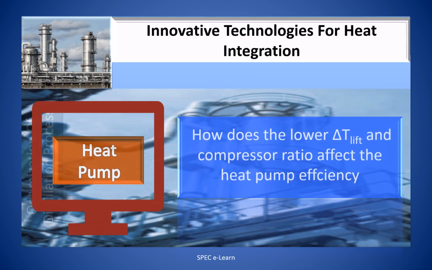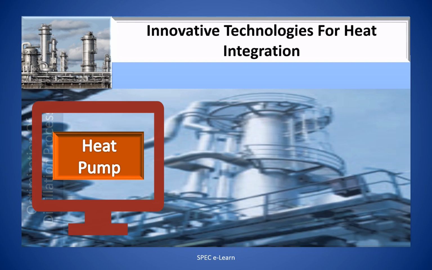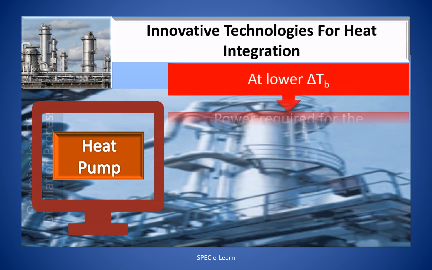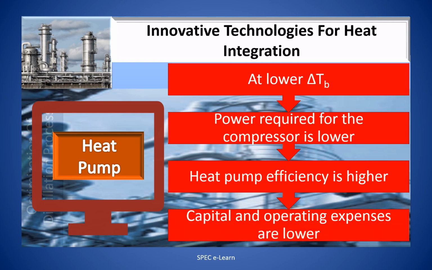How does the lower delta Tb and hence delta T lift and compressor ratio affect the heat pump efficiency? At lower delta Tb, the power required for the compressor is lower. Hence, the heat pump efficiency will be higher. Capital and operating expenses are lower.